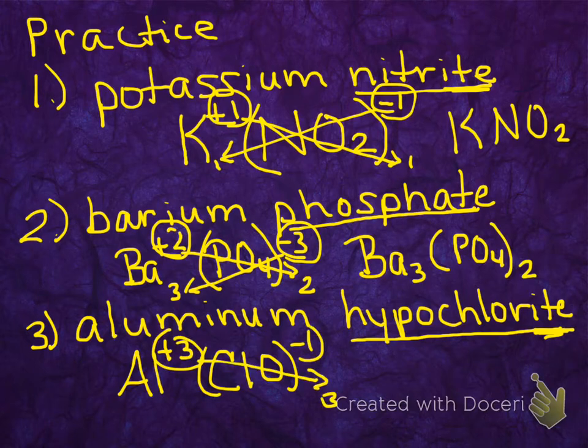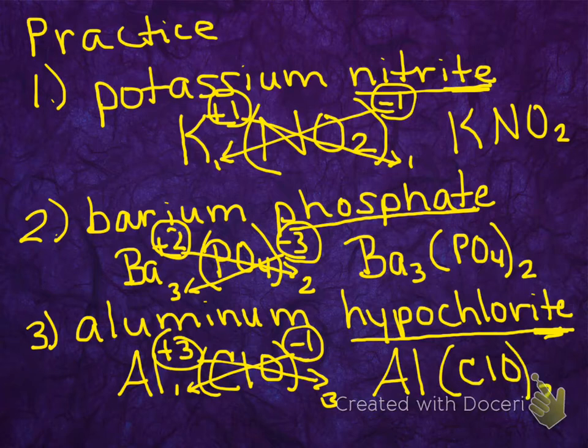We're going to bring the 3 down here, the 1 down here. Our compound is Al. Since it's a 1, we don't have to write it. Al(ClO)3. We have to include the parentheses because that's telling us we have 3 chlorines and 3 oxygens. The 3 is like a multiplier for everything inside the parentheses.